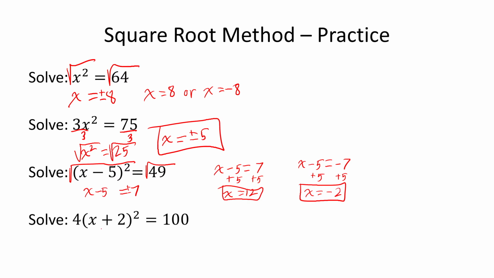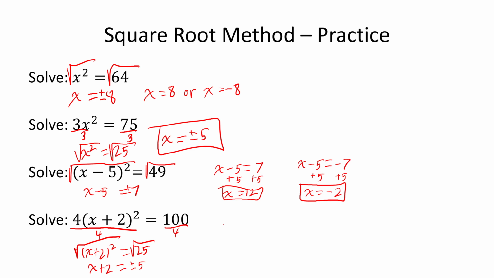But then we have something that looks like this. Once again, it doesn't look like we could take the square root, but I do see this 4 on the outside, so I'm going to divide it to get it away. So we get x plus 2 quantity squared is equal to 25. Now it's like, oh, 25 is a perfect square. So we take our square root, and we get x plus 2 is equal to plus or minus 5.